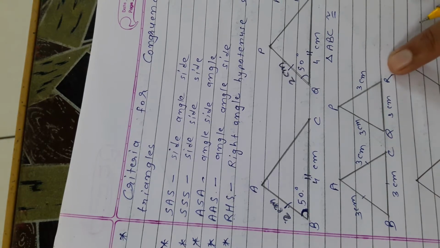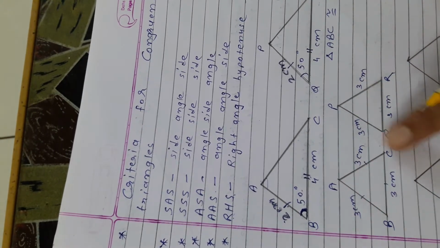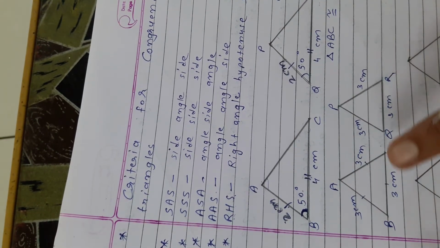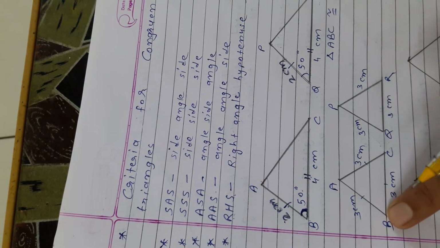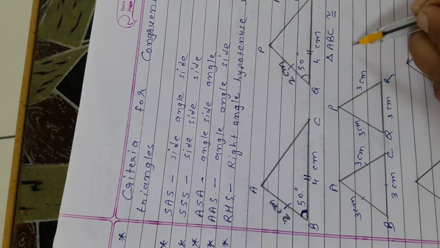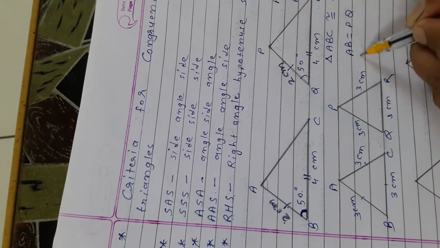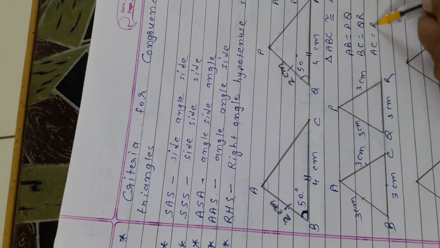BC corresponds to QR also 3 centimeter. AC corresponds to PR and AC is equal to PR. So here the corresponding sides of both the triangles are same. That is AB equal to PQ, BC equal to QR, and AC equal to PR.